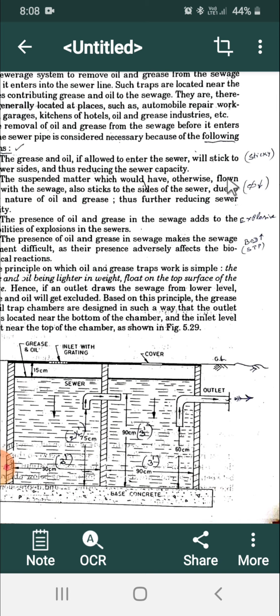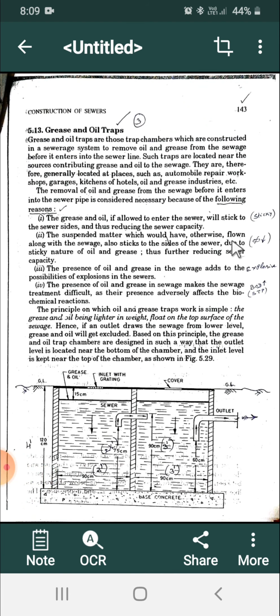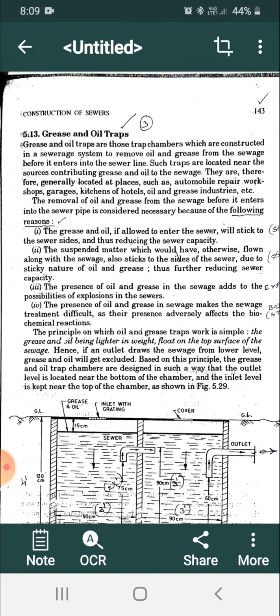Okay, so now here, what are the reasons why these traps are required? See, here oil and grease entering the sewer will stick to the internal surface, to the sewer sides. ನೋಡಿ, ಇಂಟರ್ನಲ್ ಸರ್ಫೇಸ್ ಆಫ್ ದ ಸಿವರ್ ಲೈನ್. ಸಿವರ್ ಅಂದರೆ ಏನಪ್ಪ? ಪೈಪ್ಲೈನ್. ಆ ಪೈಪ್ಲೈನಲ್ಲಿ ಈ ಆಯಿಲ್ ಆ್ಯಂಡ್ ಗ್ರೀಸ್ ಸಬ್ಸ್ಟೆನ್ಸಸ್ ಸ್ಟಿಕ್ ಆಗಿಬಿಡ್ತದೆ. ಸ್ಟಿಕ್ ಆಗ್ತಾ ಹೋದಂಗೆಲ್ಲ ಏನಾಗ್ತದೆ?